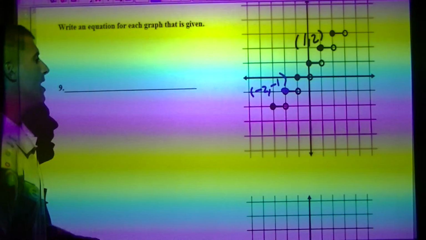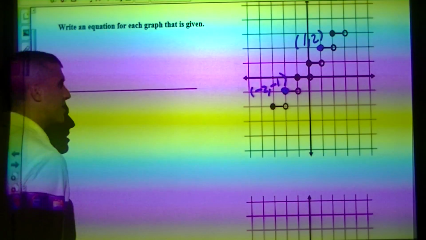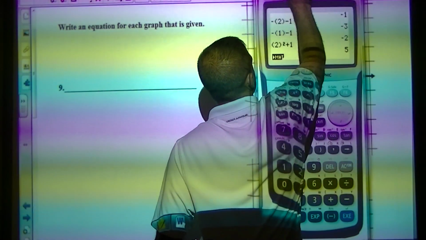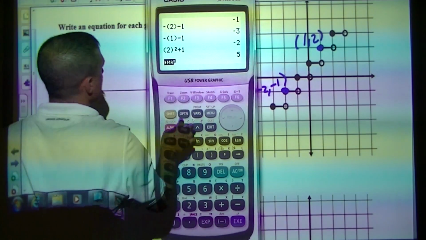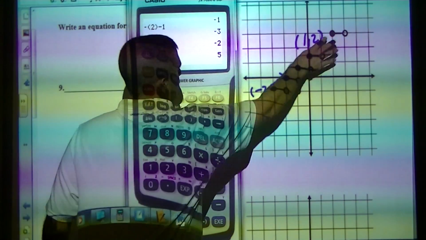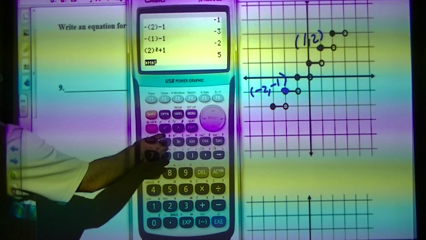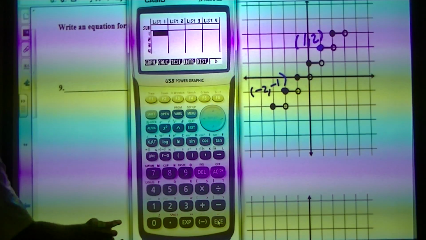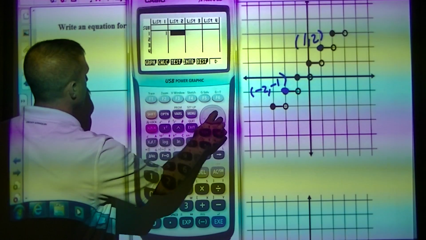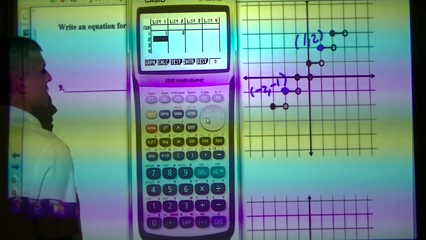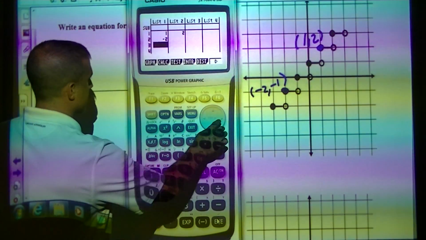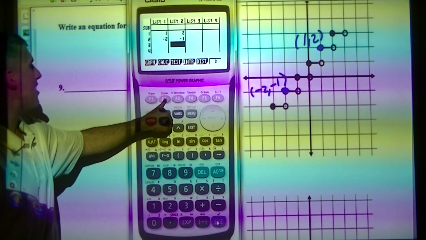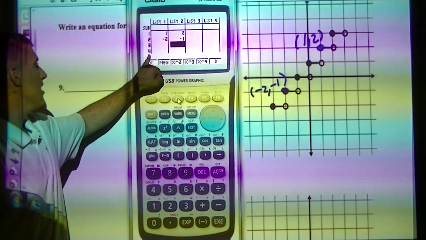And so what I'm going to do here is let my calculator help me make an equation. Because the slope of this is a line in all essence, I'm going to go to menu, go to stat, and put some of these points in. 1 over, 2 up, and then -2 over, -1 down. On my calculator, I'm going to hit calculate, regression, x.